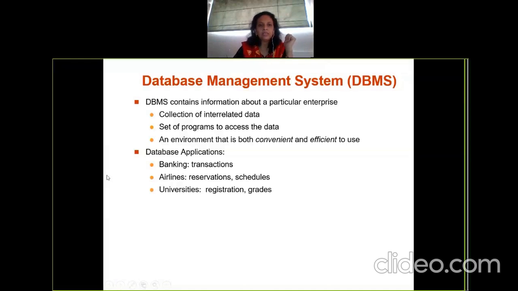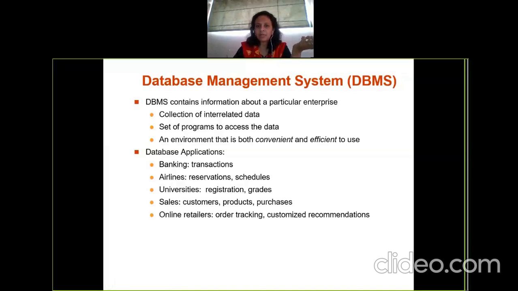Then universities: registration, grades, students, staff, courses, departments, etc. Sales: customers, products, purchases, price, stocks. Online retailers: order tracking, customized recommendations. For example, Amazon and all these online retailers, Flipkart, also need the database.